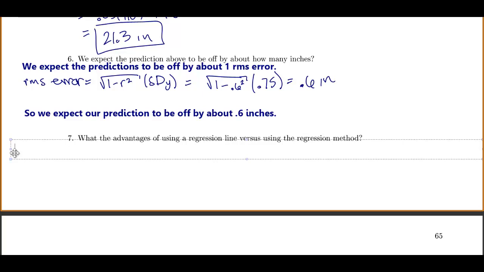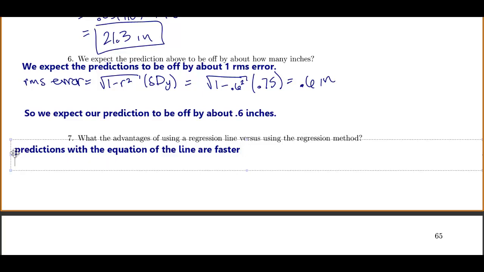So the advantage of using the regression line is that your predictions with the equation of the line are faster, especially if you have to do more than one prediction, because you only have to find the equation of the line once. That's the hard part, and then you can just plug in your x values to make your predictions, and that's very quick and easy.